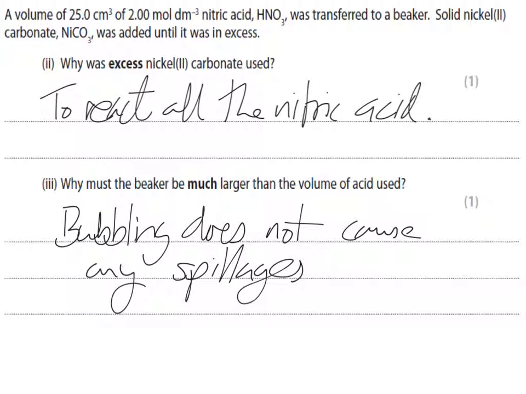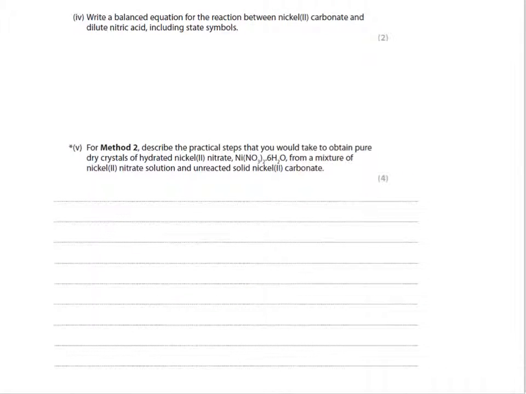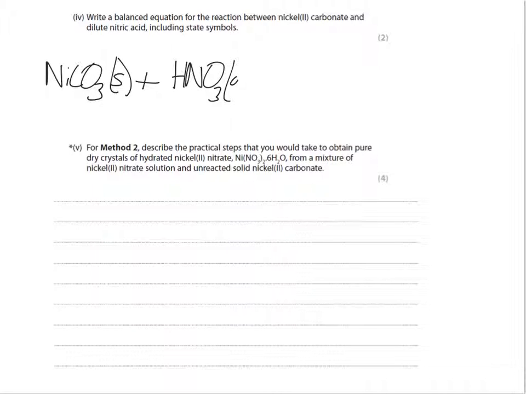And we're going to go on to the second part of this question, and surprise, surprise, they ask for an equation. Now they've already given you the formula of nickel carbonate, and it's a solid, and you should know the formula of nitric acid. It's HNO3, and it's dissolved in water, so it's aq.